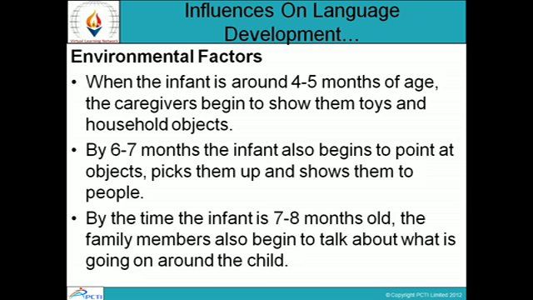He or she can pinpoint an object, pick it up, kick it and show it to other people, which an infant likes. By the time the infant is 7 to 8 months old, the family members also begin to talk about what is going on around the child, about the surroundings and different events happening around the child and the family members.